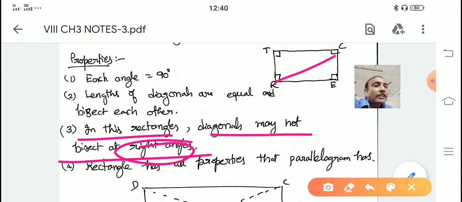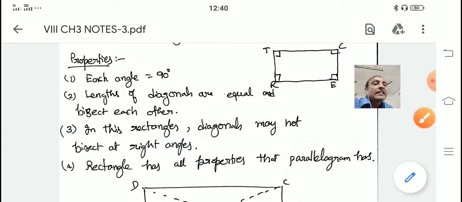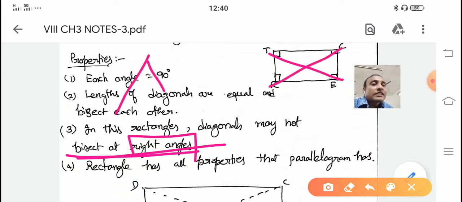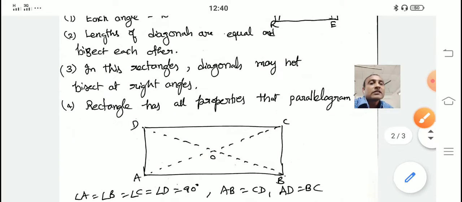That means if I take this angle, it may not be 90 degrees. So rectangle diagonals may not bisect at right angles, but rhombus diagonals bisect at right angles. That means in the rectangle diagonals are equal, in the rhombus diagonals may not be equal, right.